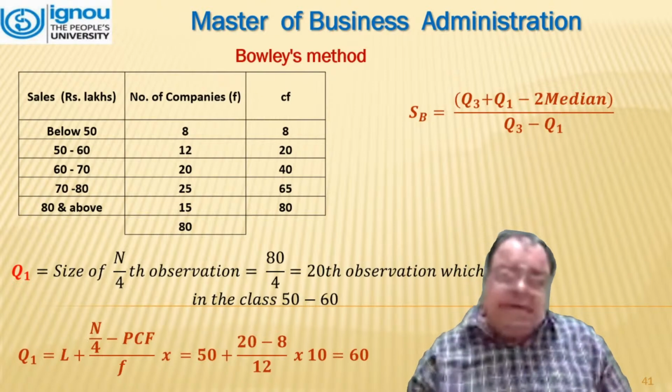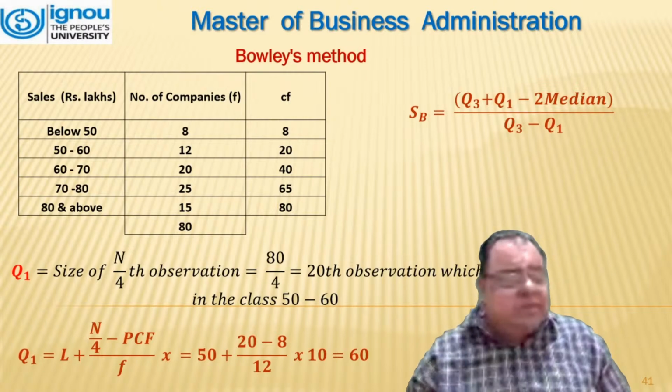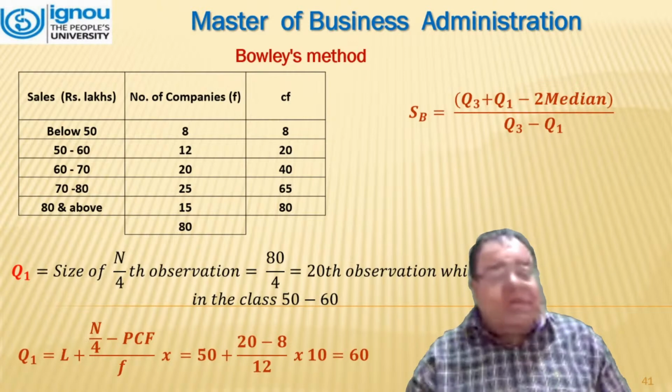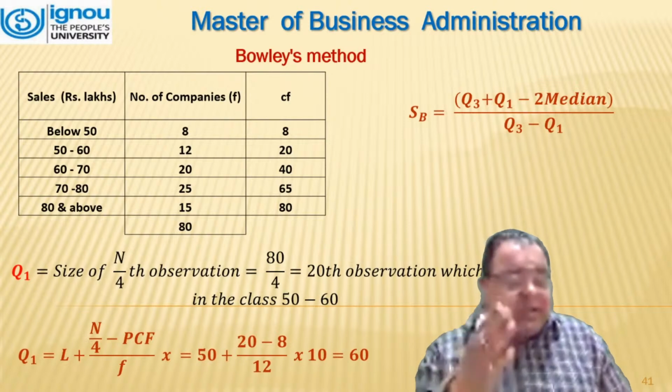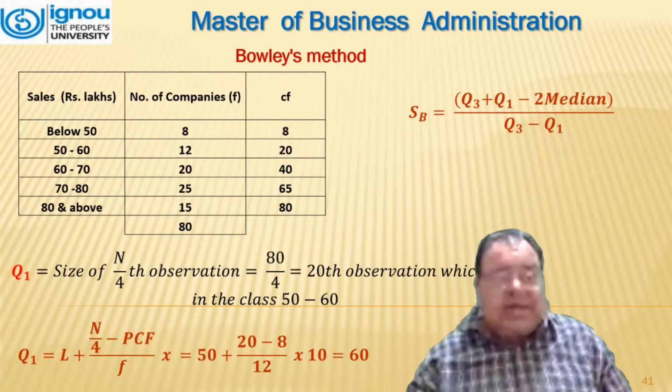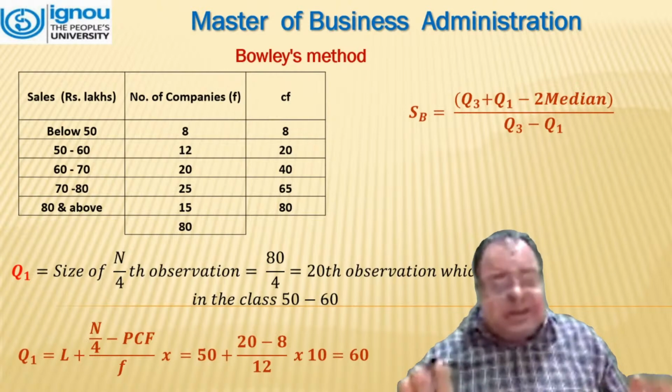That is 8 in front of 8. 8 plus 12 is 20. 20 plus 20 is 40. 40 plus 25 is 65. 65 plus 15 is 80. The last value in the cumulative frequency column is 80, and the summation of the frequency is 80. That is the confirmation that we have calculated cumulative frequency correctly.